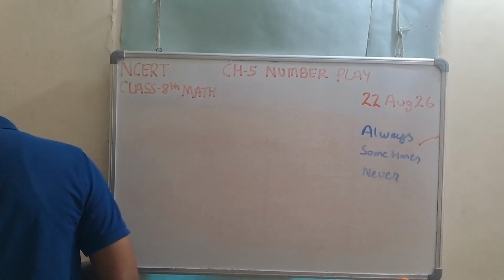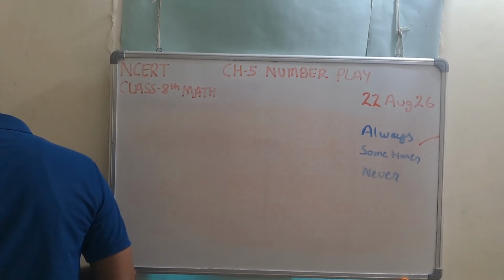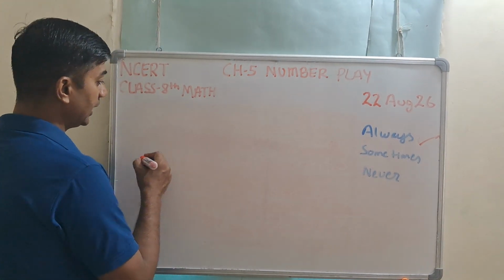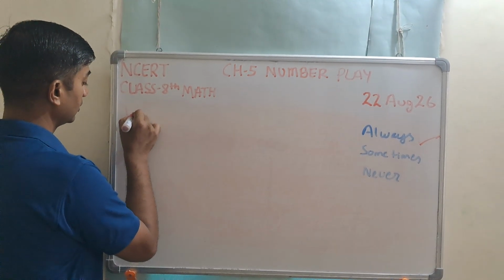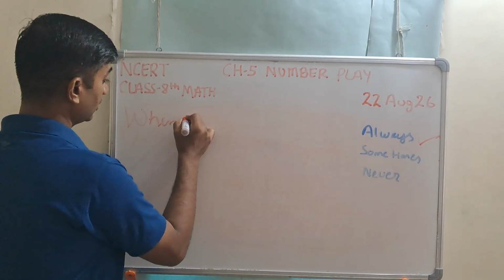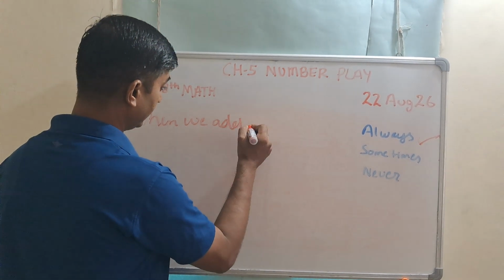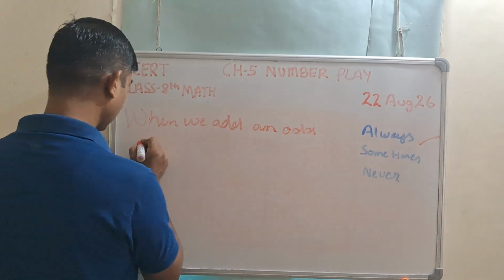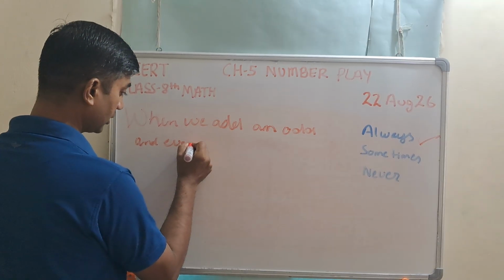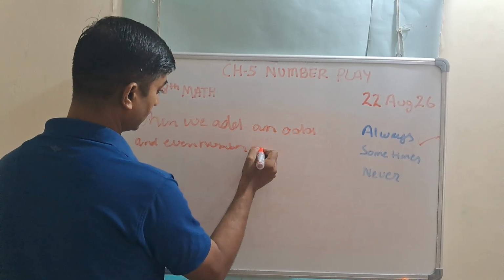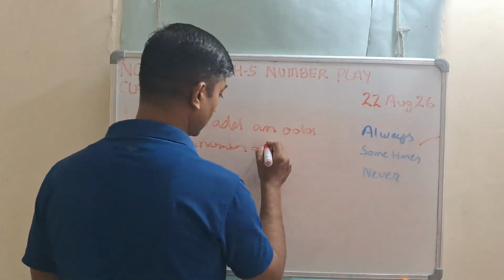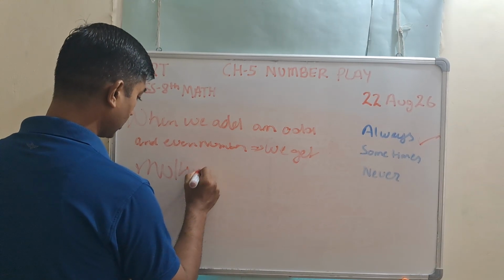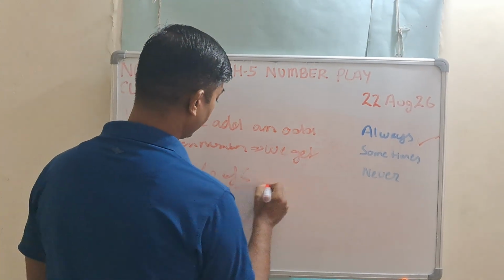The statement is that when we add an odd and even number, we get a multiple of 6. We'll check this statement.